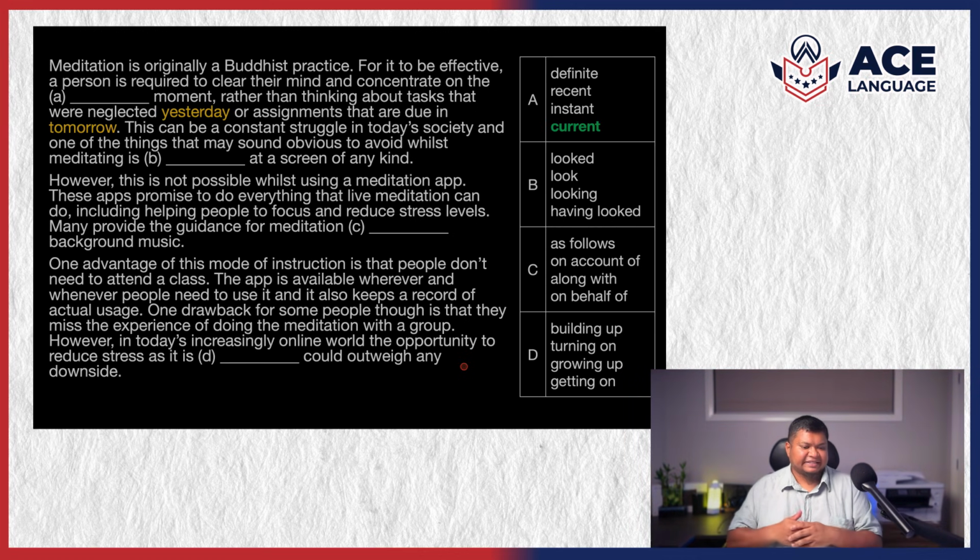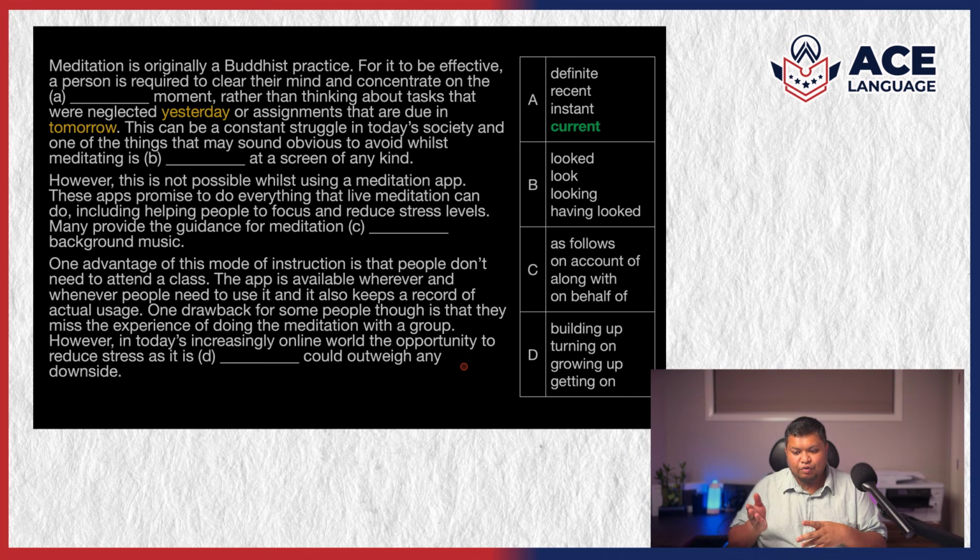Now let's move to the next sentence. It says, this can be a constant struggle in today's society, and one of the things that may sound obvious to avoid whilst meditating is dash at a screen of any kind. So it is saying in today's society, it's very difficult, right, to keep your concentration only on the current situation. And one of the things to avoid during meditation is dash at a screen. That means we are talking about mobile phone or apps or something like that.